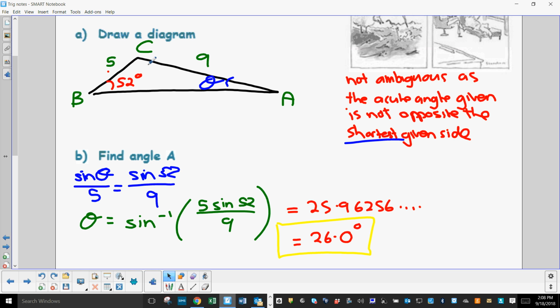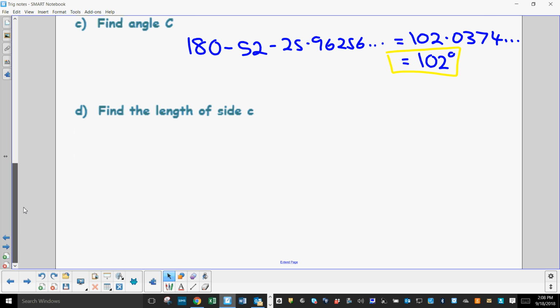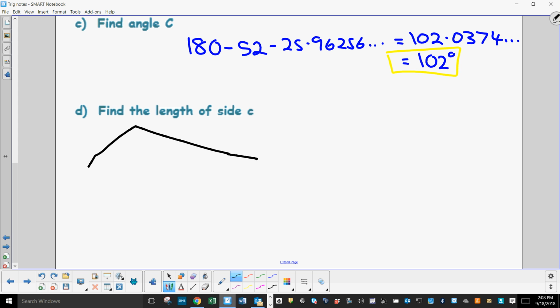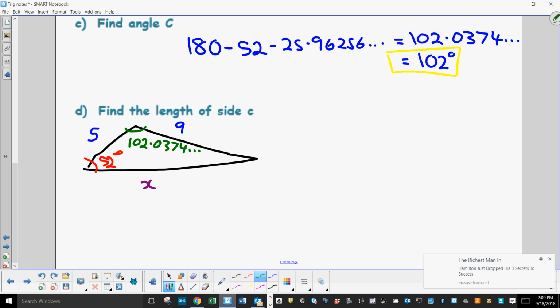So regardless of whether you use sine rule or cosine rule, it's angle C that we need to have on our triangle. Use sine rule, cosine rule, whatever makes you happy.